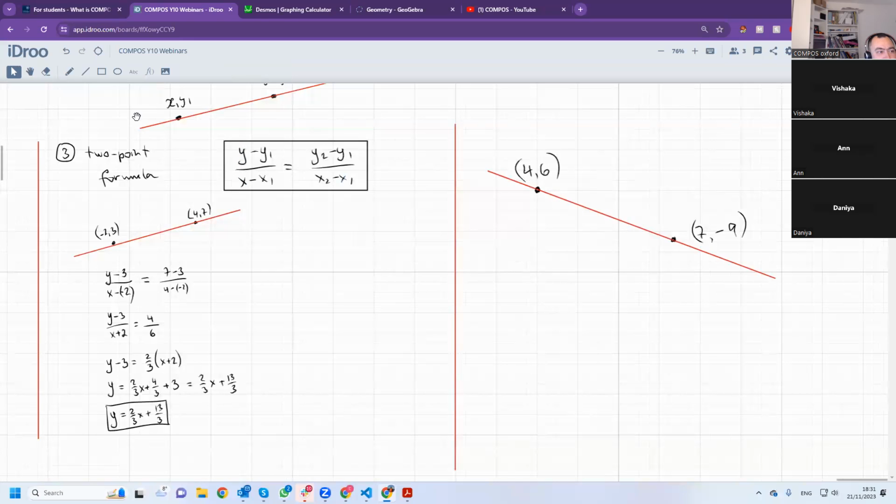So we use this formula. So y minus y1. This is x1, y1. This is x2, y2. Y minus 6.